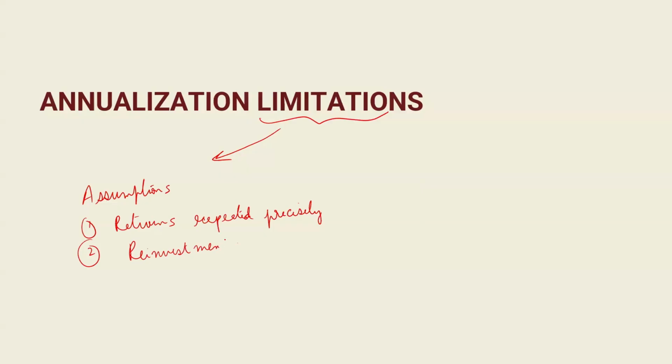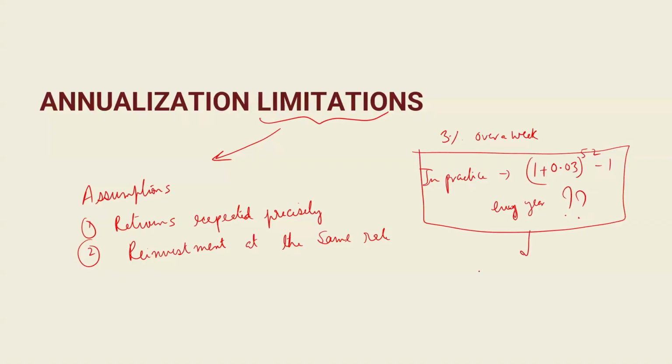But in practice, if by chance you have a very good week and earn, say, 3% over a week, then in reality, will this be equal to 1.03 raised to the power 52 minus 1 every year? Is it even possible? This is not possible in practice.